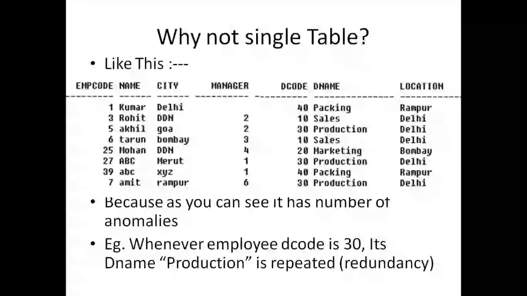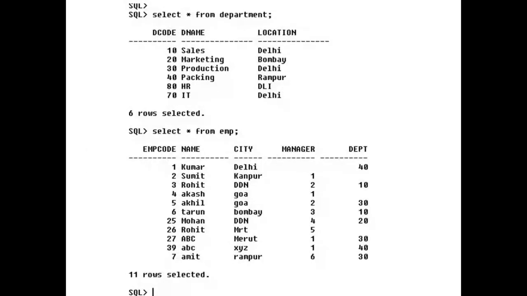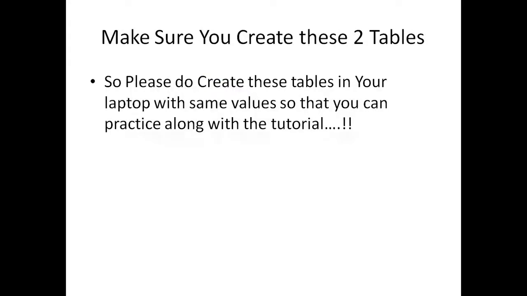In the actual table, 30 Production is still only once. Please make sure that you have created these two tables. Earlier also you might have created this, but if you have not, please make them.